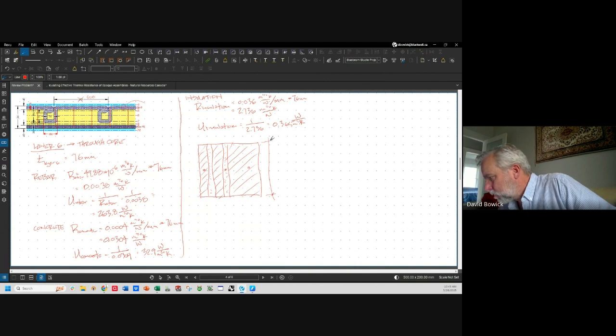As I say, we could choose any tributary area, but this is the convenient one. So we're looking at a 400 by 600. But because we're just looking at proportion of area, it doesn't matter what we take. We could take the whole wall if we wanted to. So we just decided to do this as one unit area. So we're going to do A rebar over A total equals 3 times 28.3 over 400 times 600.